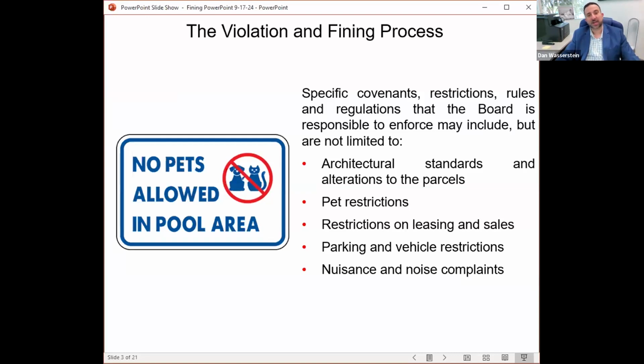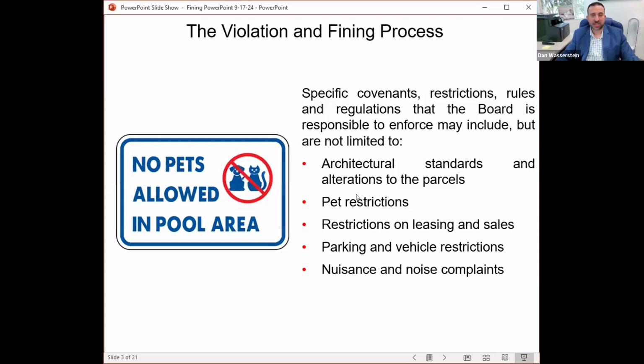And those are things like cleaning up after the animal when it's outside of the unit, making sure it's walked on a leash and kept under control is a big one. And also, of course, that the animal can't be a nuisance to others, barking, biting excessively, those sorts of things. So again, those are things where we commonly have to take enforcement effort, or I'm sorry, you commonly have to enforce.